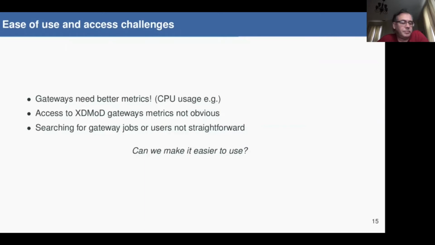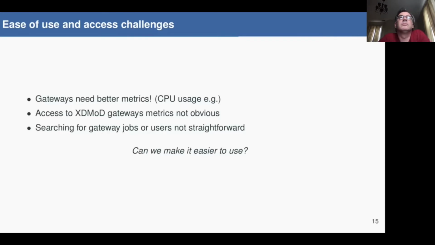So aside from metadata, which we've been through in detail, there are other ease of use and access challenges presented in XDMod. There are a few things we need. For example, better metrics would be really helpful. At present, we have a few kinds of metrics that we're supporting up to now on the gateways, things like job counts.